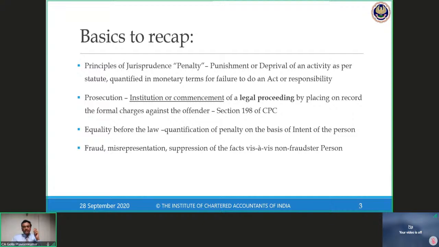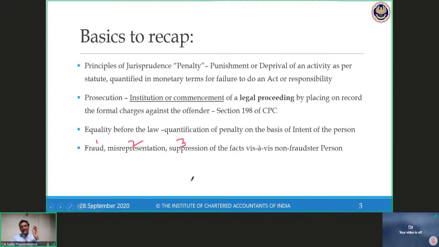Then, the term fraud, misrepresentation, suppression of facts vis-a-vis a non-fraudster person. In the last session, section 73 and section 74, the faculty in the previous session has covered in detail, where we have come across this particular term called fraud, misrepresentation, and suppression of facts.